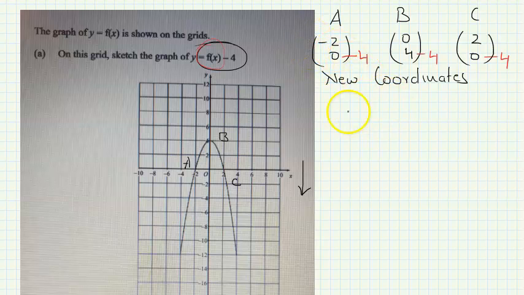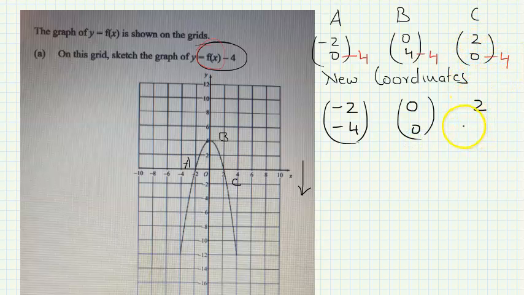So our new coordinates will be, x coordinate will remain the same, minus 2, 0, 2. 0 minus 4 is minus 4. 4 minus 4 is 0, and 2, this is 2 there, and 0 minus 4 is minus 4.